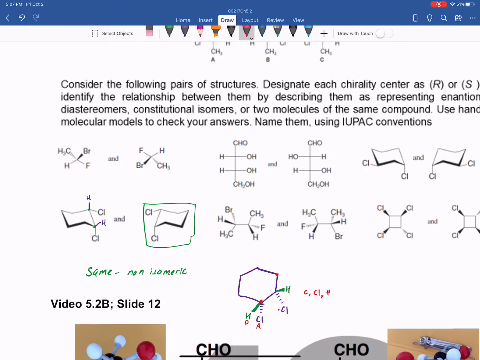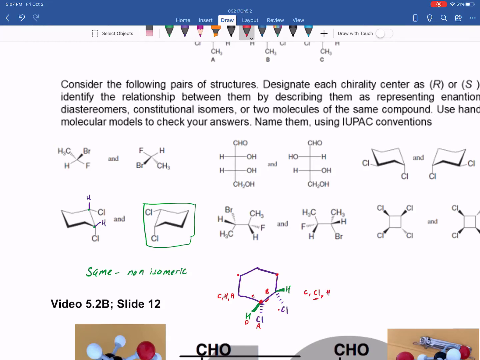Now if I go round to the left hand side of this carbon, I'm only going to see a carbon, which is here, a hydrogen and a hydrogen. So therefore it's fair to say that the right hand side of the molecule is going to be B in terms of this side here, and then this side here is going to be C.